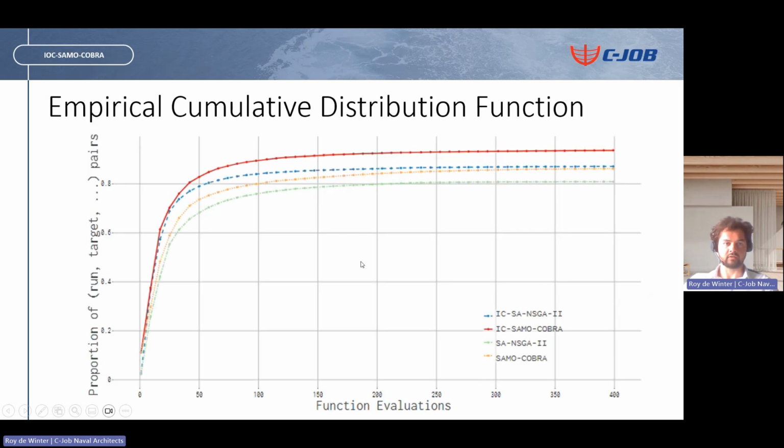This is again confirmed with the empirical cumulative distribution function that aggregates all the results and plots this in some kind of convergence plot. What is also interesting to see here is that independent of the base algorithm, exploiting the inexpensiveness is beneficial.